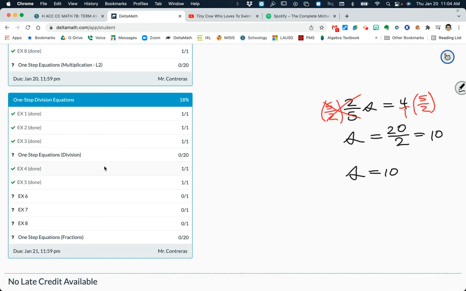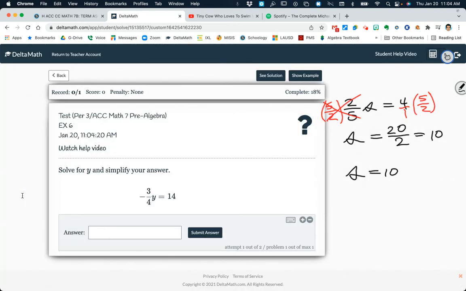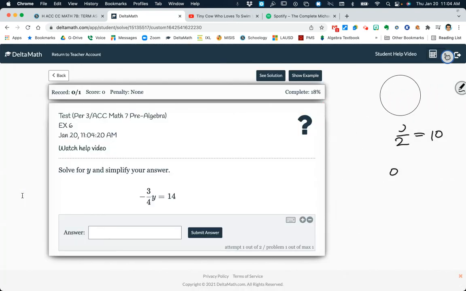So let's try example 6. When the original fraction is negative, the negative makes sense in the reciprocal. We're going to do that right now. Is everyone on example 6?